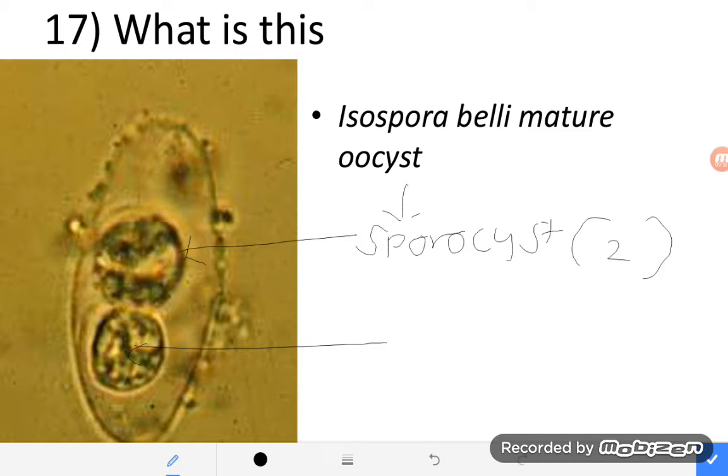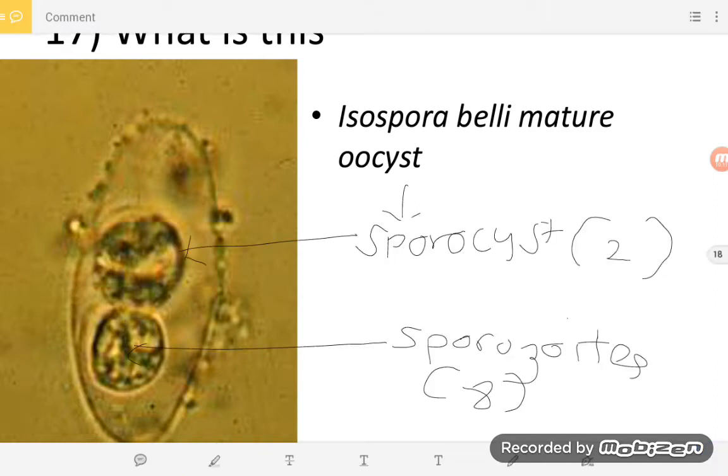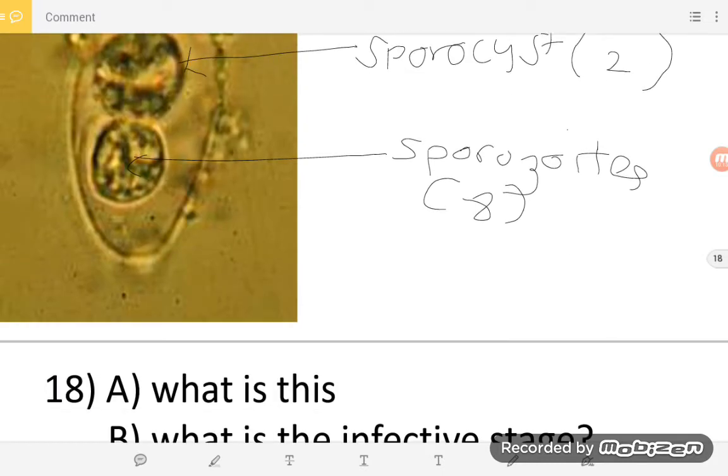Each sporocyst contains 4 sporozoites, so totally it contains 8, right? That means here 4, and the other one 4.